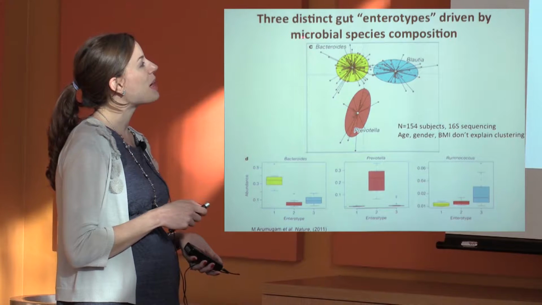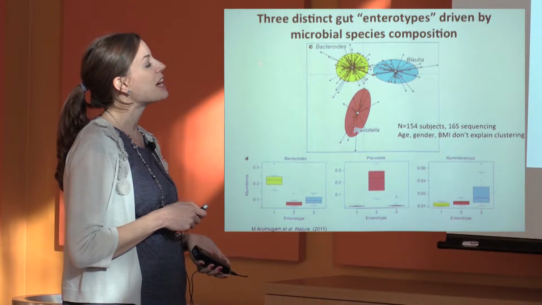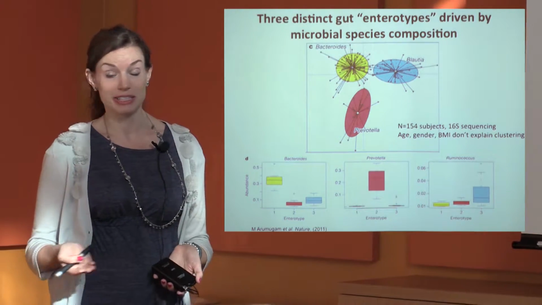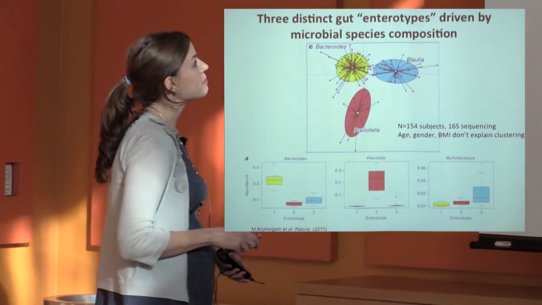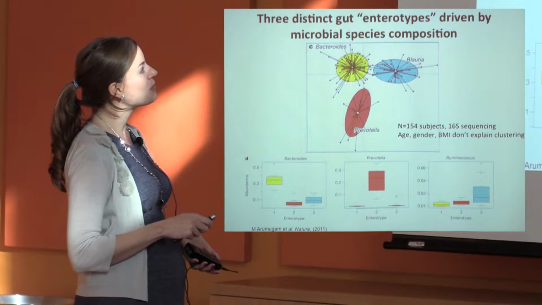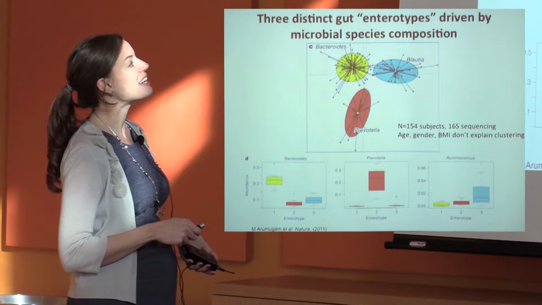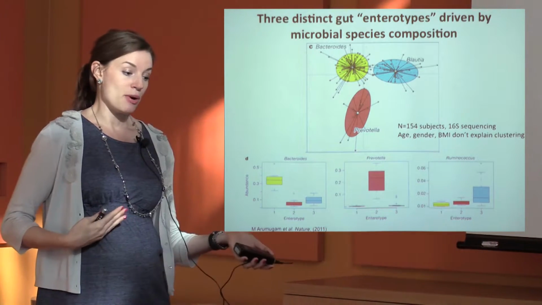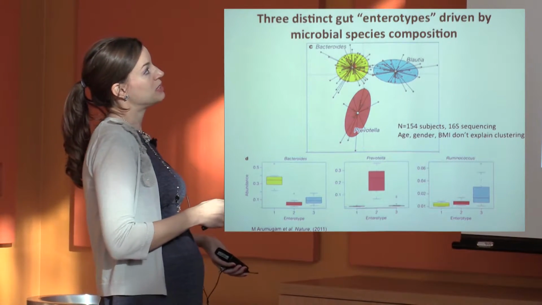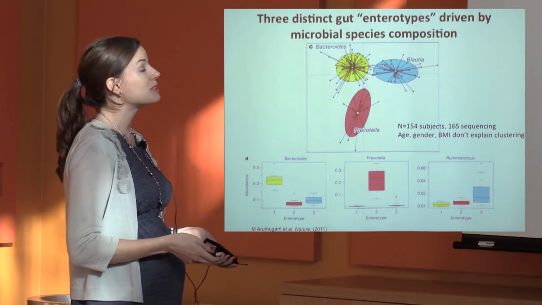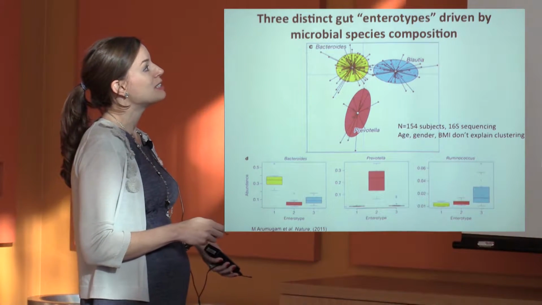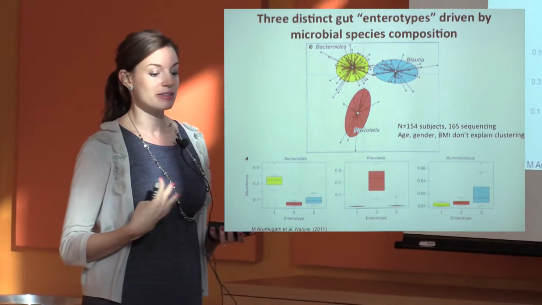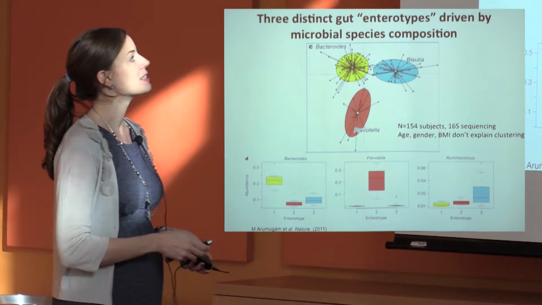So I wanted to talk about the gut microbiome and diet and obesity specifically, because I think this is a good example. And what was found several years ago was that people could group by their gut microbiomes. There were 3 main groups, and we call them enterotypes. And depending on what group you're in, your microbial gut composition is different.